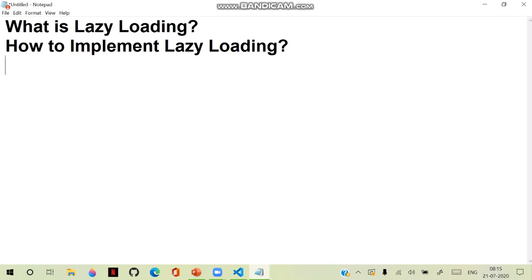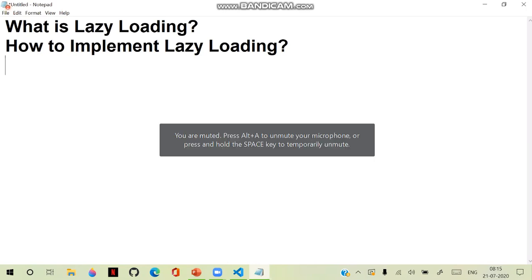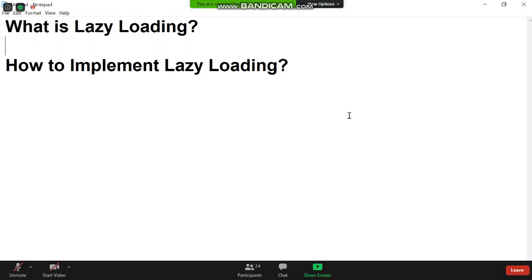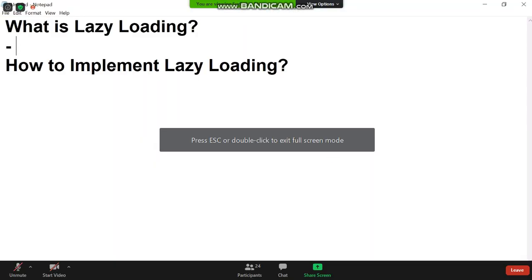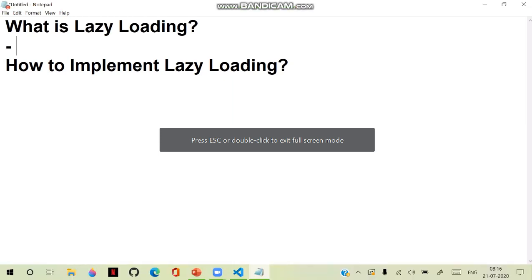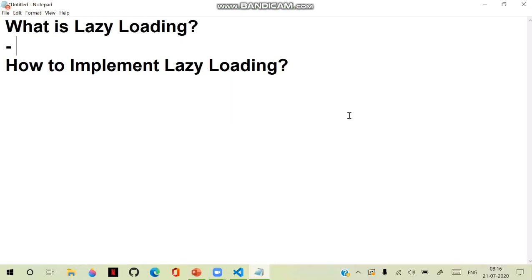So let's see what lazy loading is and what the intention of lazy loading is. Technically, in general, when you are working with Angular or any technology, especially in an object-oriented programming approach, one of the main problems is in how you are loading.